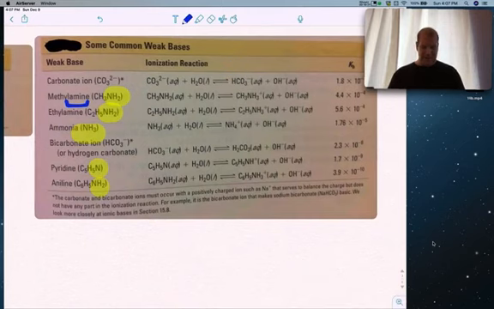So here are some common weak bases, and you might notice a couple of things: that they have these terms, amine. An amine is an organic molecule. It's like ammonia, but it has an organic molecule attached to it, and those are known as amines. Not necessarily ammonia, it just has nitrogen in it.